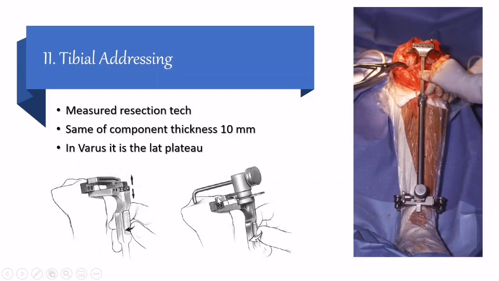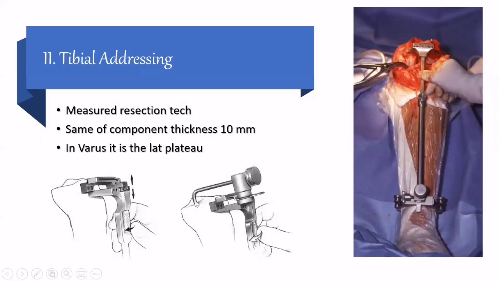So that is why this one is loose. You can move it upwards or downwards until you can see the stylus is touching the lowest point of the lateral condyle or lateral plateau of the tibia. Then you can tighten it from here.